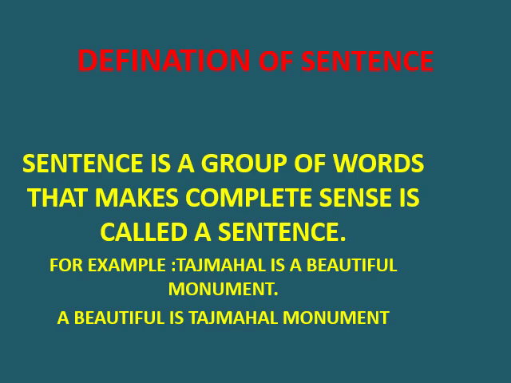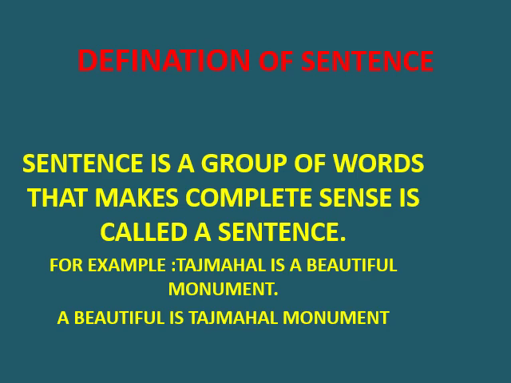Suppose here we are taking one sentence. Taj Mahal is a beautiful monument. So if we write this sentence as, a beautiful is Taj Mahal monument, it is a group of words, but we can't say it is a sentence because it is meaningless.